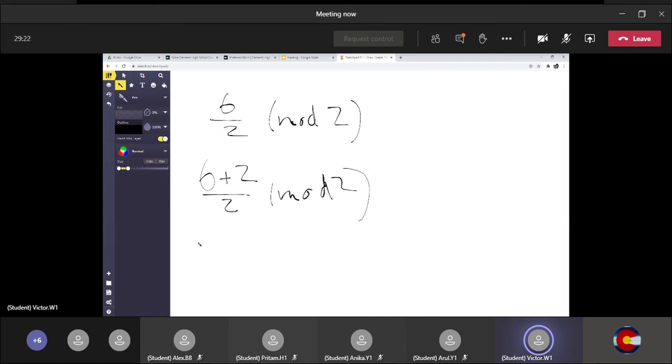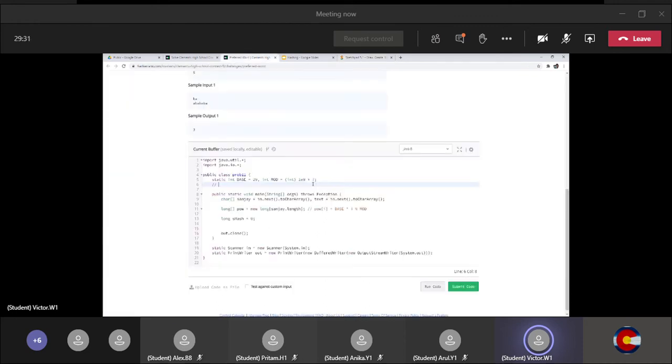The modular inverse is the number such that, if you have a number a, then a times the modular inverse of a in mod m will be 1 mod m.